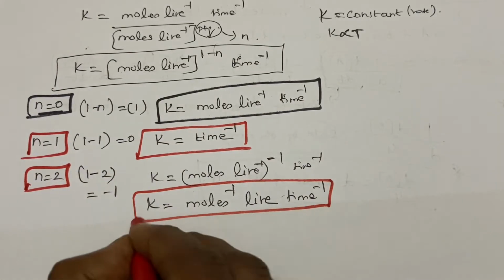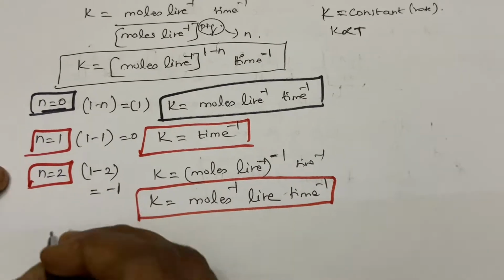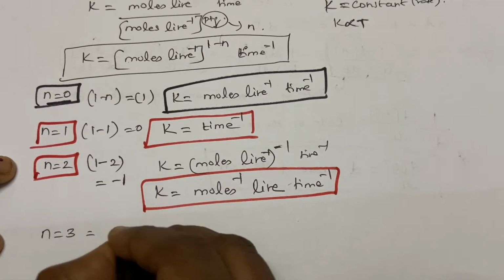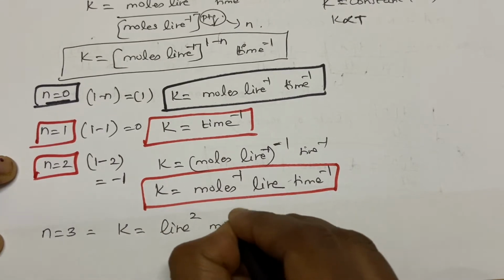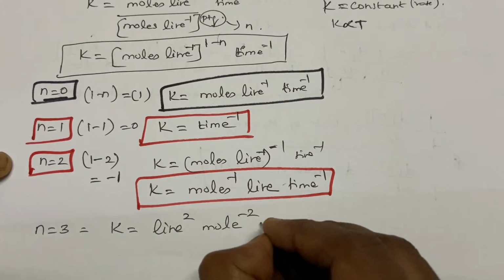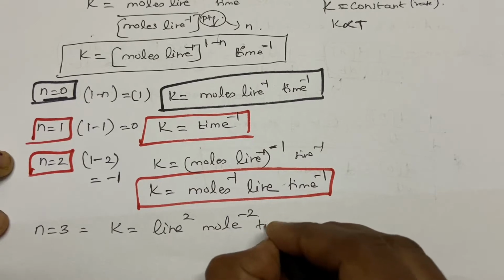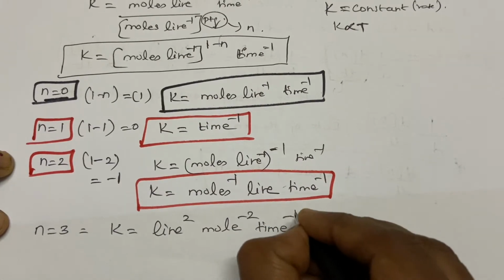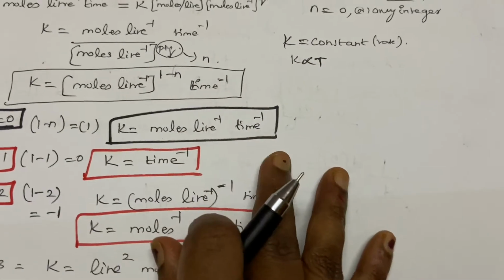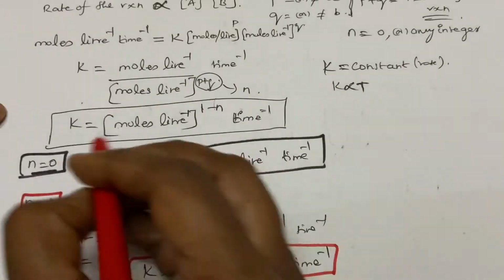So what will be the unit for n is equal to 3, for a third order reaction? So it is liter squared per mole squared time inverse. And okay students, so please remember this is very important.